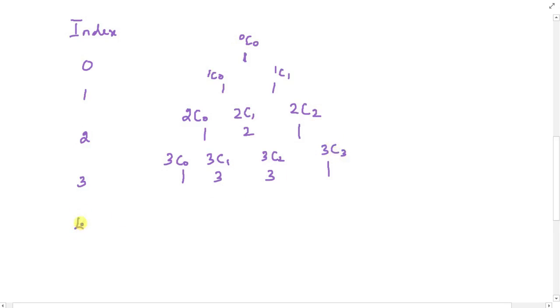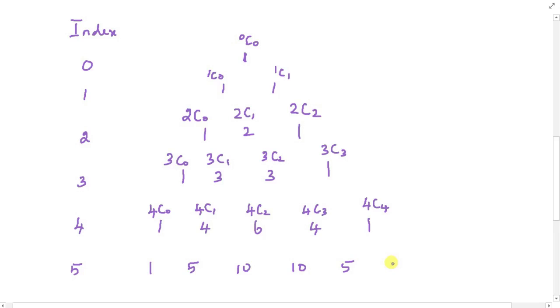For index 4, 1 4 6 4 1. What is this 1? 4C0. This 4 is 4C1, 6 is 4C2, this 4 is 4C3, and finally 1 is 4C4. When index is 5, 1 5 10 10 5 1.